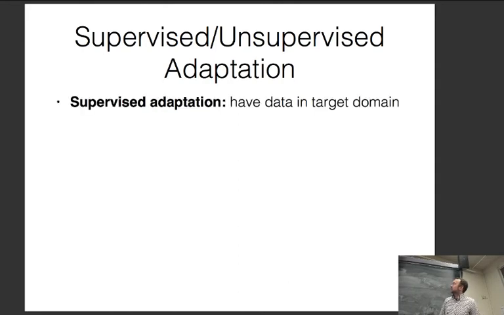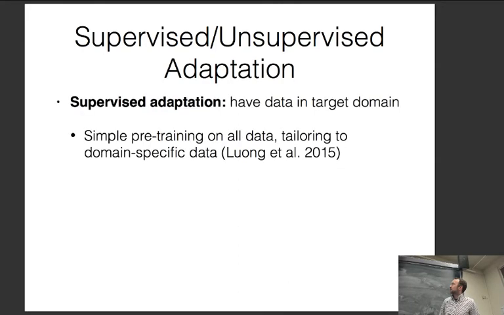So for supervised, we have data in the target domain. I'll talk about all of these in turn, but the most common way, which actually works quite well, is supervised pre-training on large data and then tailoring to domain-specific data by just resuming training. Another thing I forgot to mention is that when we do this, we often restart training with a smaller learning rate than we had for the original one, to keep things from moving too much.